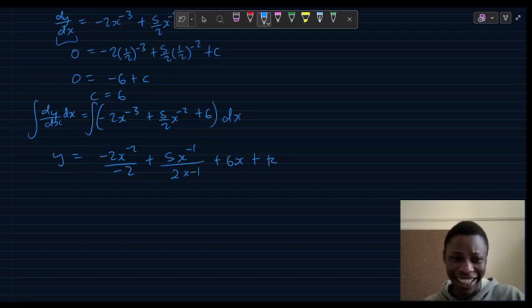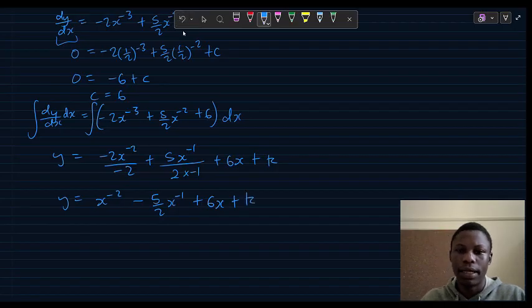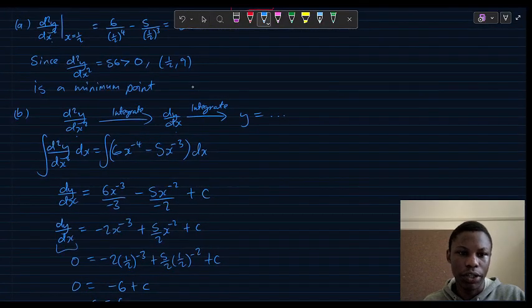So we've got y is equal to negative 2 over negative 2, that's 1, so that's just x to the negative 2. And then here we've got 5 over 2 times negative 1, so that's negative 5 over 2, and that's x to the negative 1, plus our 6x plus our constant of integration. And remember, we have been told about the stationary point with coordinates half 9.